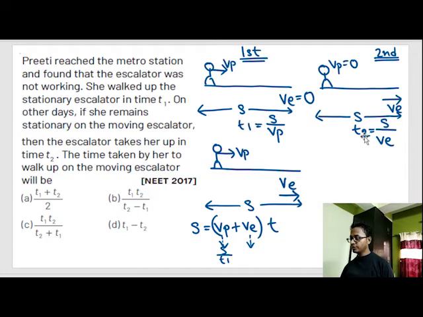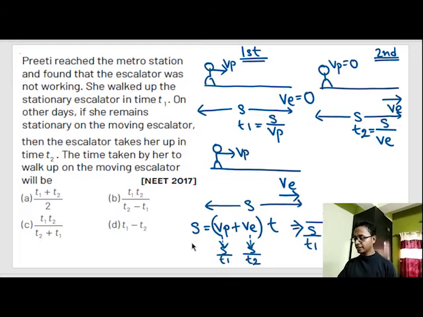We take the V to the left hand side and bring t2 to the right hand side. So VE is equal to s by t2. So time taken is equal to s by Vp plus Ve.